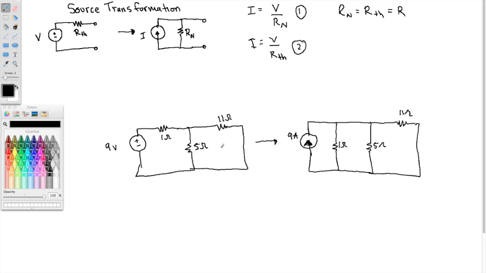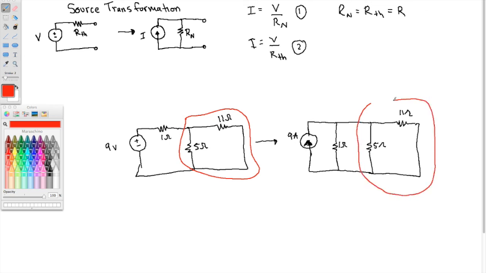Those are equivalent circuits in the sense that everything in this box, meaning the voltages and the currents, powers, have not changed. Any quantity in here, external to the transformation, right?